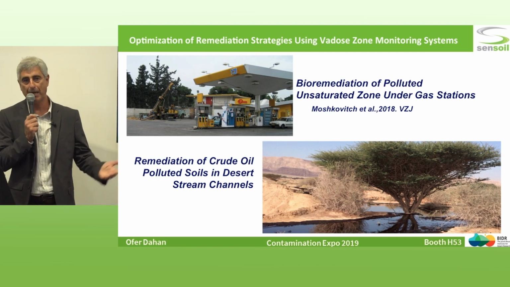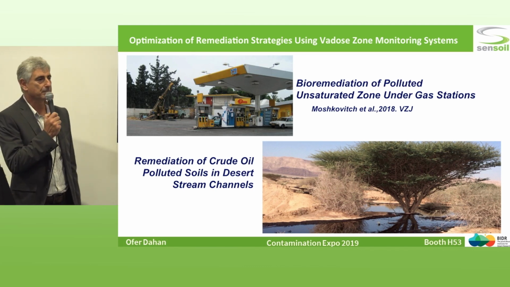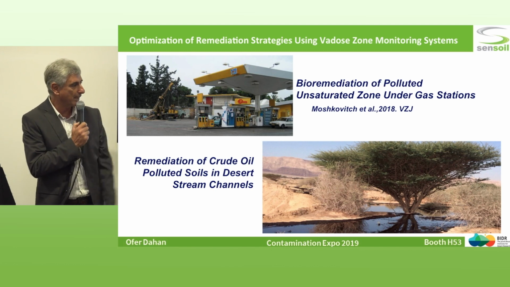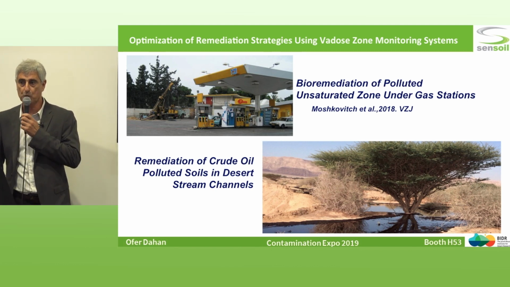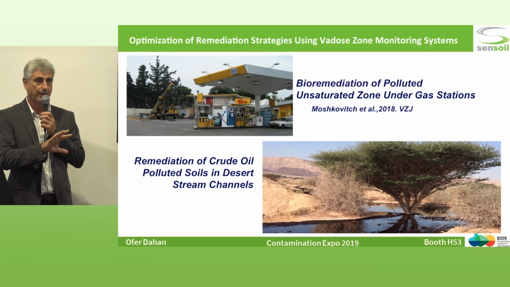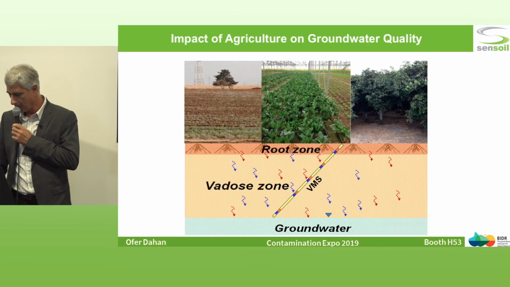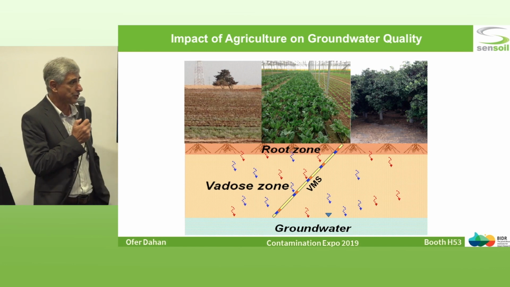Wherever there is an oil pipe, from time to time there are spills. Some tractor did whatever it did and created these spills. So this is another type of project we are running for remediation, using the VEDO zone monitoring system to enhance the remediation.